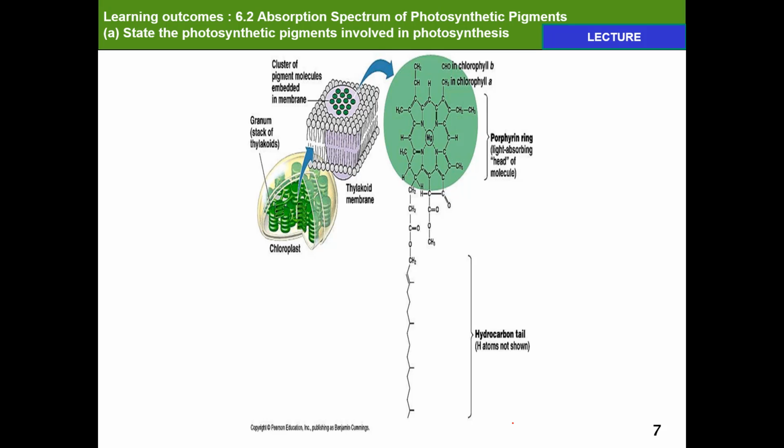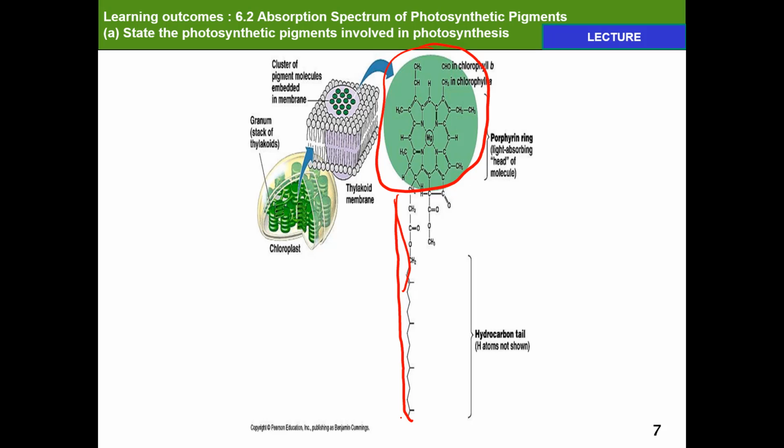All chlorophylls comprise a complex ring system called a porphyrin ring, and a long hydrocarbon tail.